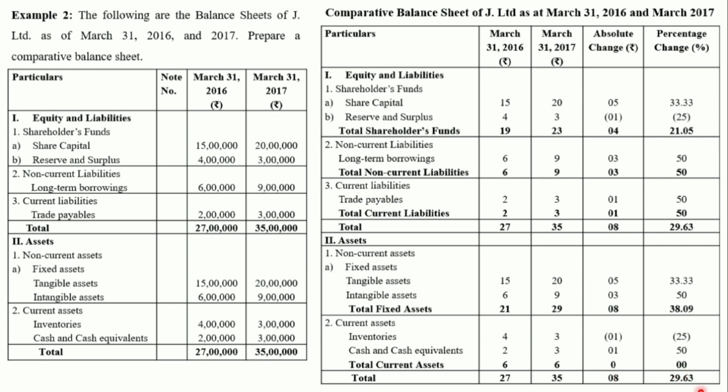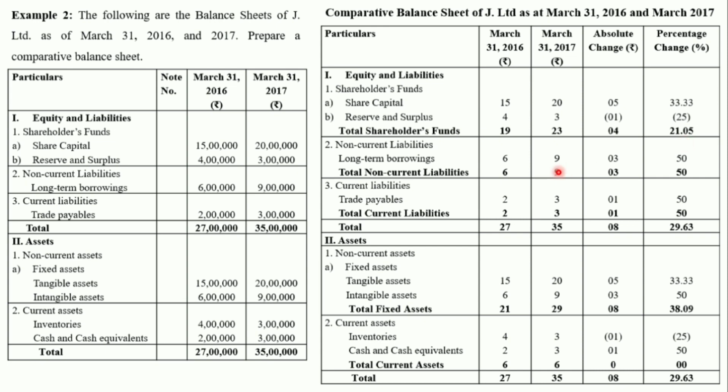29.63%. Now we have to interpret the comparative balance sheet. We can see from this comparative balance sheet the total shareholders fund or capital has increased by 21.05%.